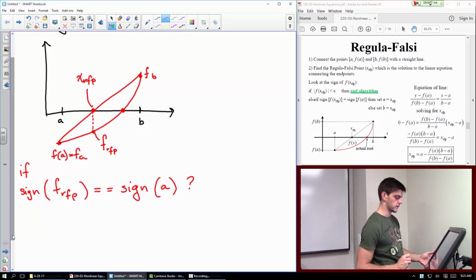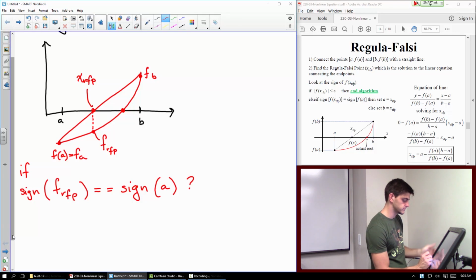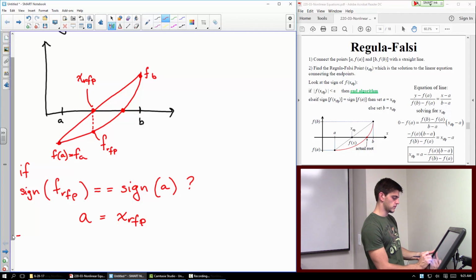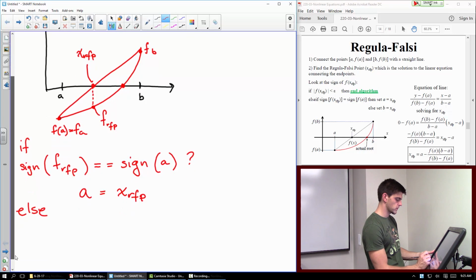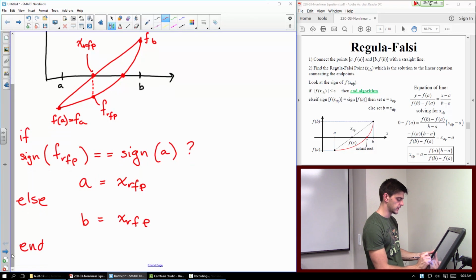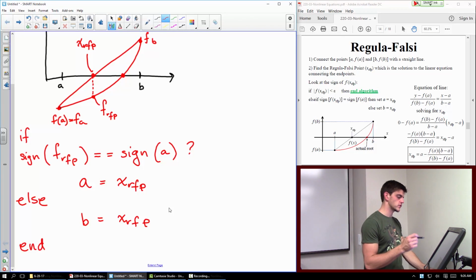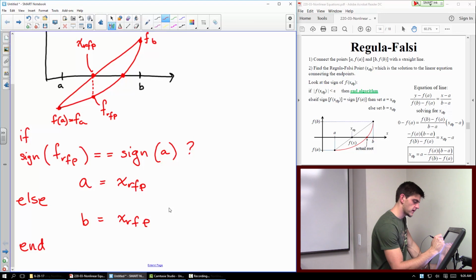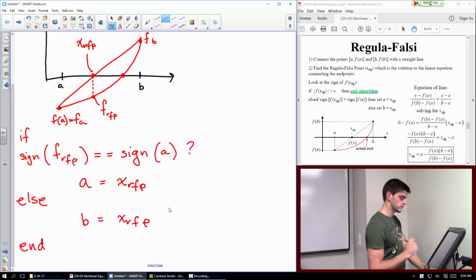If that occurs, then XRFP replaces A. In the alternative, B is equal to XRFP. And so looking at our equation, we can see that the sign of F sub RFP is equal to the sign of F sub A, which means that A is going to be updated.